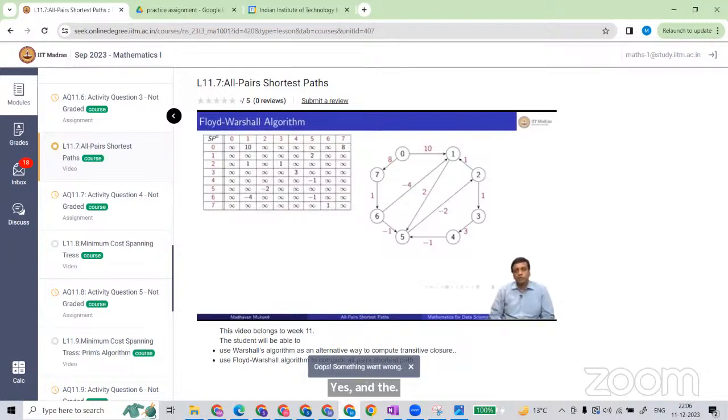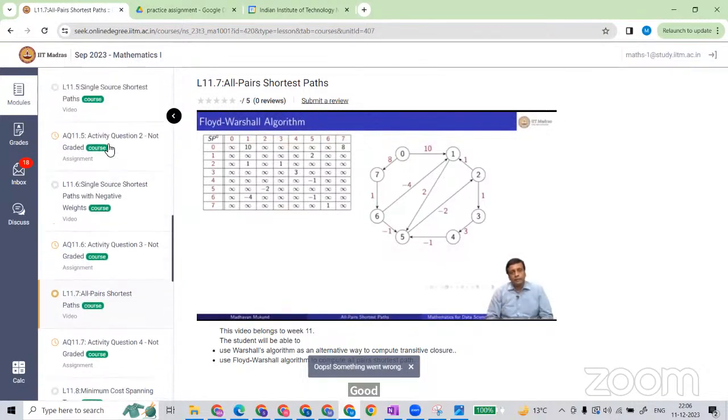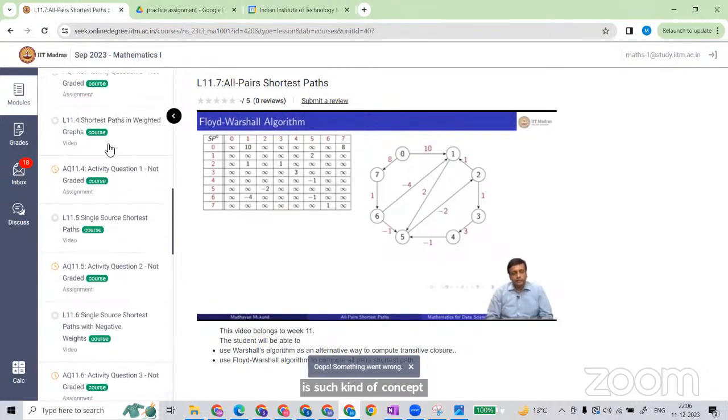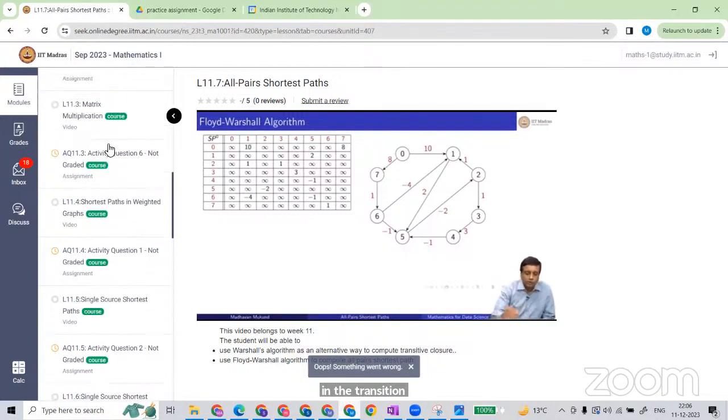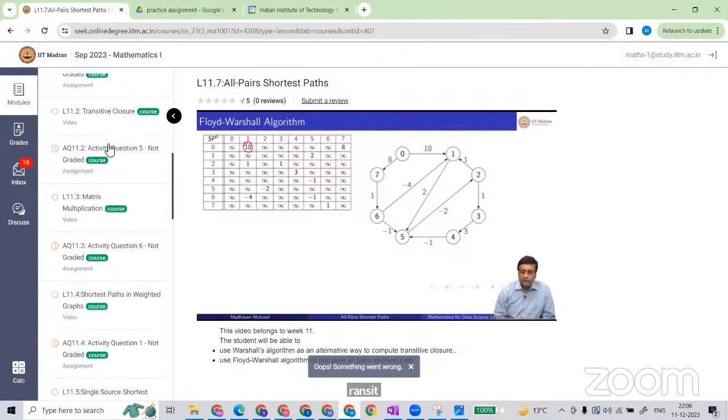I think if there is an edge from A to B, there need not be an edge from B to A. There is a marking in transitive closure, like an arrow mark. I think I'm just missing one concept.